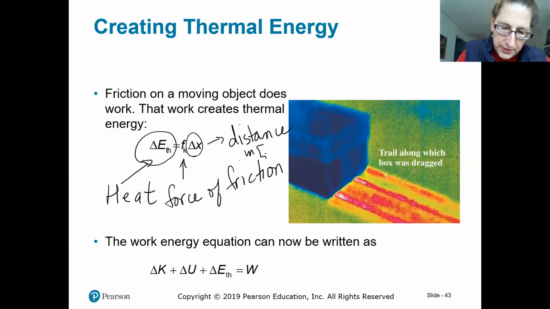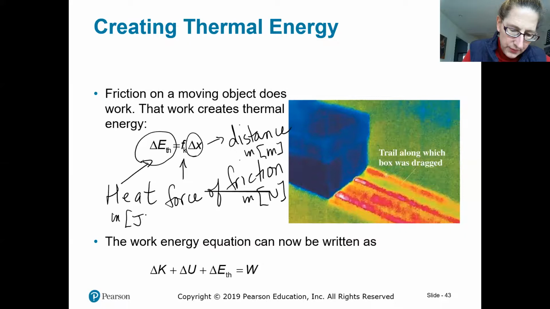This would be in meters, and the force of friction, of course, is in newtons. And so heat, once again, is a form of energy, so it's joules, newtons times meters. That's a positive number. This is always a positive number. You can't have negative heat. So when they use delta E therm, I would just call it heat, but this is positive.